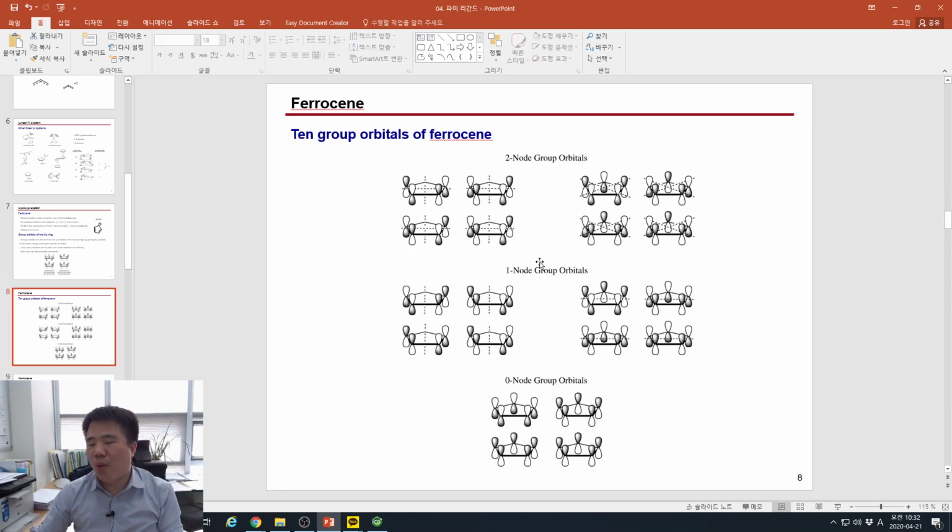So if you draw all the MO pairs, the most stable has zero nodes. If you think about only one cyclopentadienyl, you can draw only 5 MOs. But we are thinking about two cyclopentadienyl ligands, so you need to think about coupling. Same direction, opposite direction, same, opposite, same, opposite.